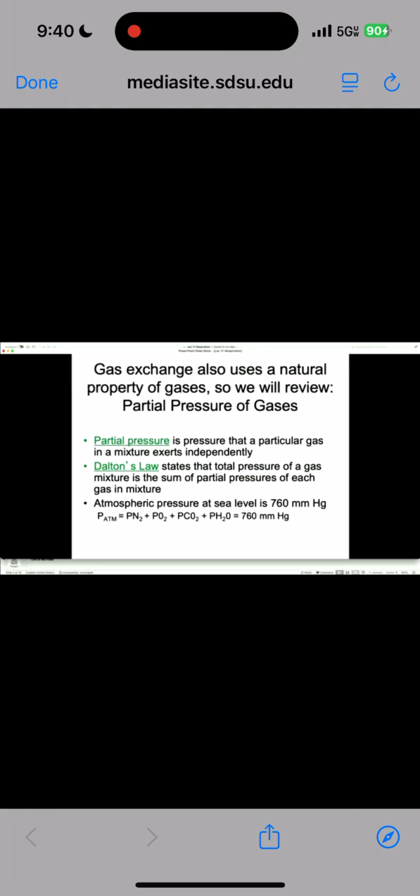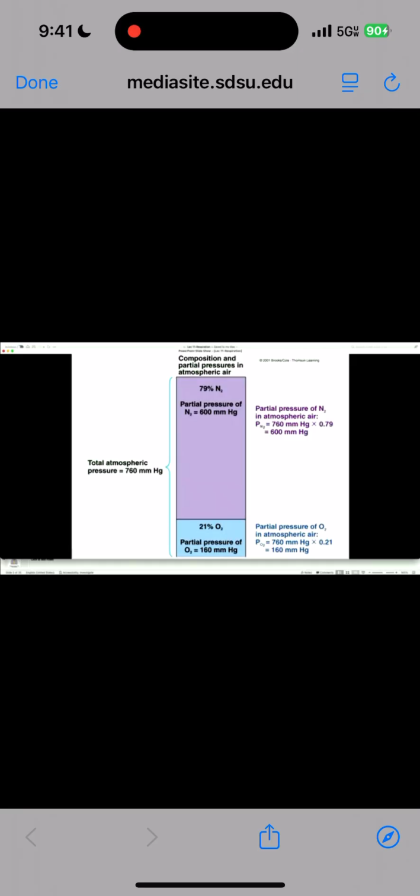Gases move down their pressure gradient. It doesn't matter if you have 760 millimeters of mercury of pressure for oxygen exchange. What matters is the pressure of oxygen going into the plasma. So what we're going to be concerned with is the partial pressure of the gases that have to exchange throughout our body. And so as an example, most of our atmosphere is made up of nitrogen.